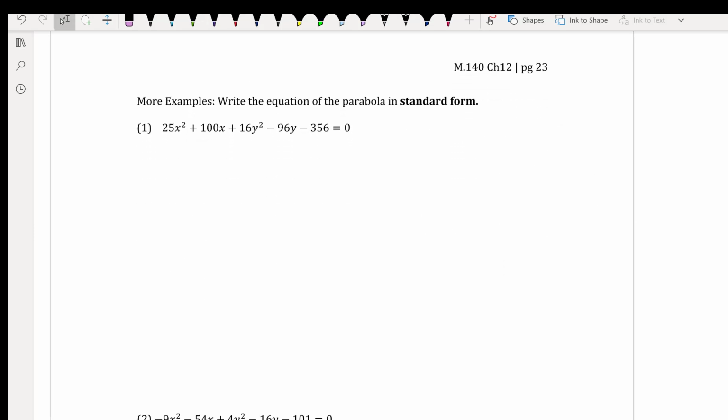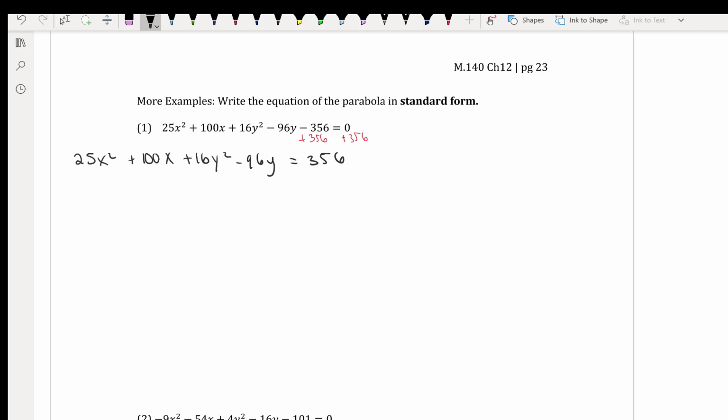Okay. Now it's telling me to write my equation in standard form. So if I'm going to write it in standard form, then I know that I need to add that 356 to the opposite side. So I'm going to rewrite this as 25x squared plus 100x plus 16y squared minus 96y equal to 356.